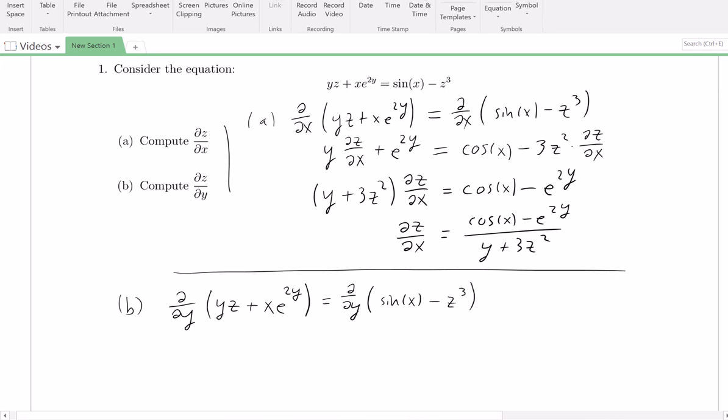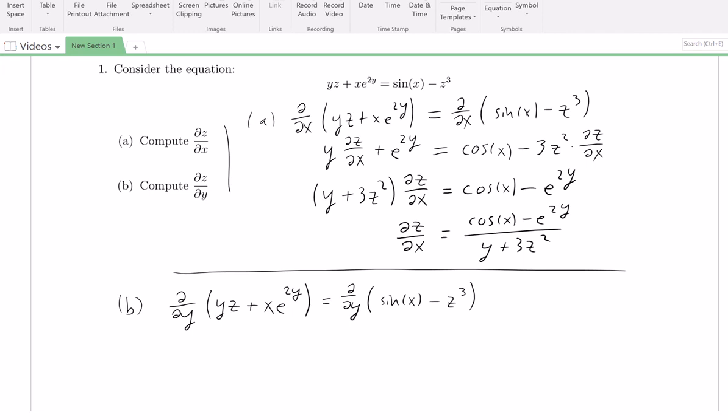And now again, x and y are independent variables. So now, since we're taking the y derivative, we treat x as if it's a constant everywhere, and z as if it were a function that depended on y.